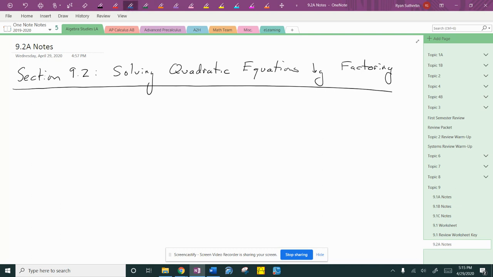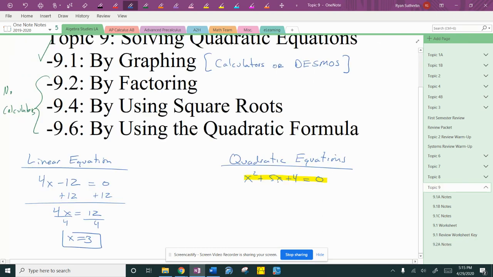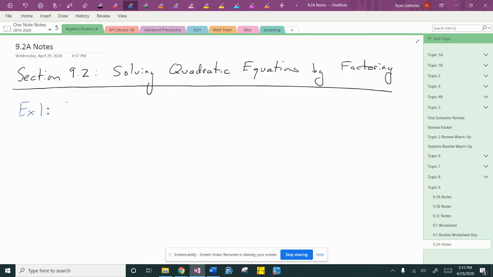Let's go back to that very first problem that we started to look at. We started by looking at a linear equation. Here's a quadratic equation. We want to know, when does x squared plus 5x plus 4 equal 0?